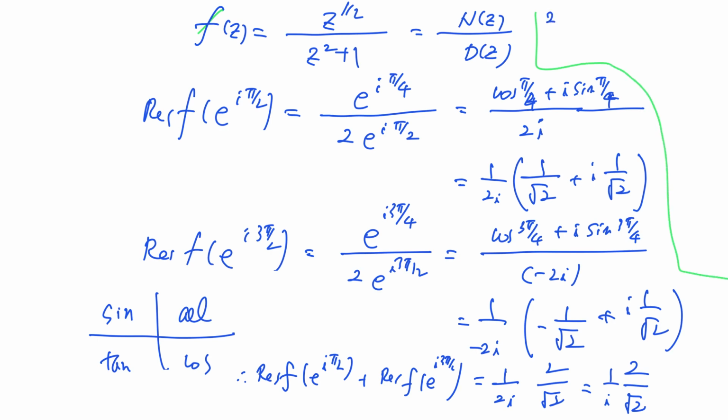Therefore, 2 pi i times the sum of the residues is 2 pi i times 1 over i square root of 2.